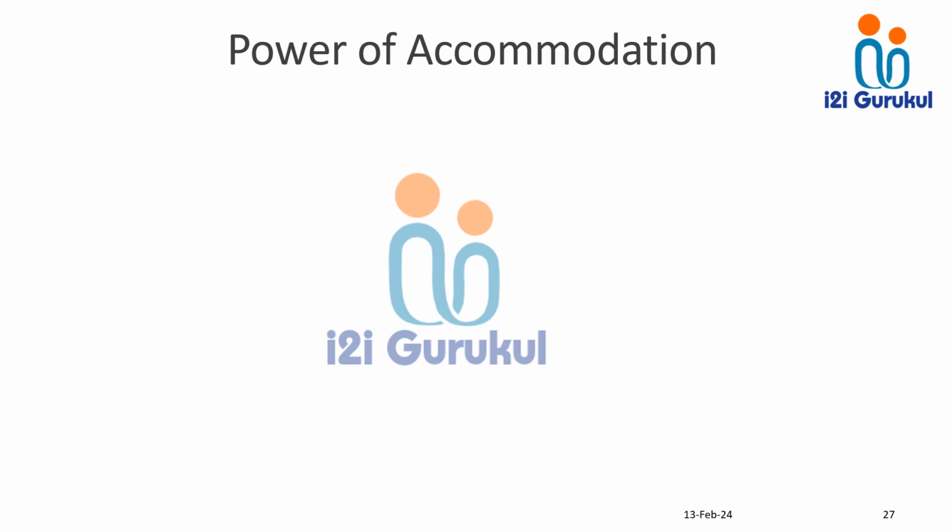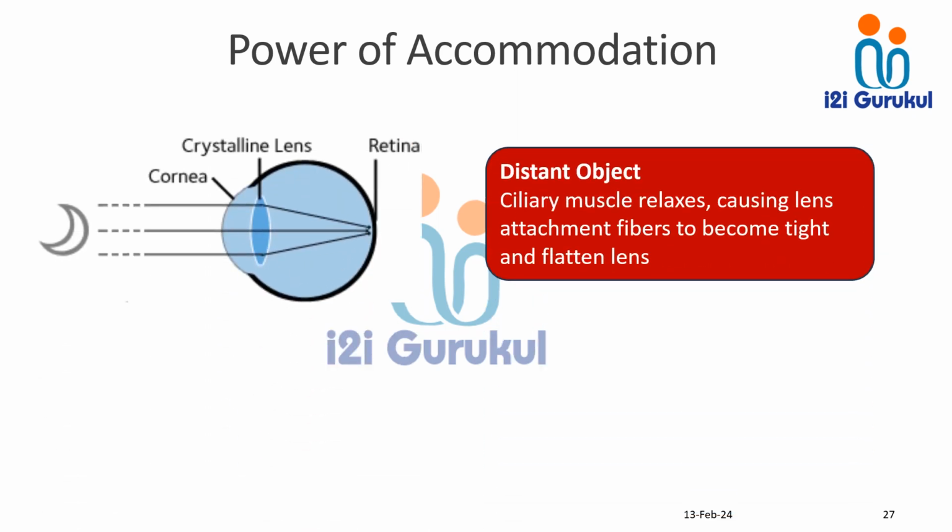Now we'll go through the power of accommodation. Many times I have told you that during these refractive conditions the accommodation will be at rest. So what does accommodation mean? Okay. So we'll look at this slide. In this picture, when seeing a distant object the lens becomes flat, that is, the ciliary muscles relax and the power of the lens is normal.